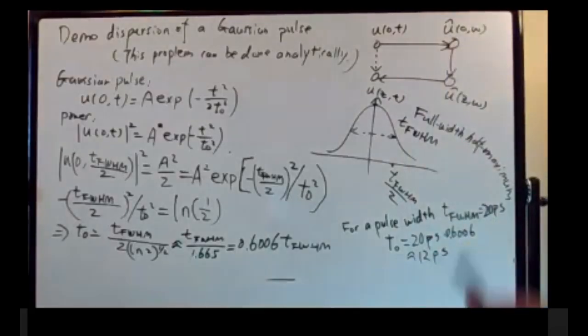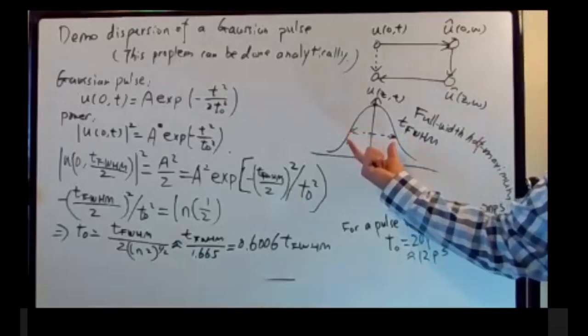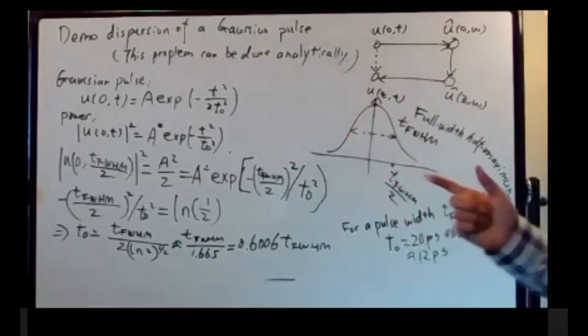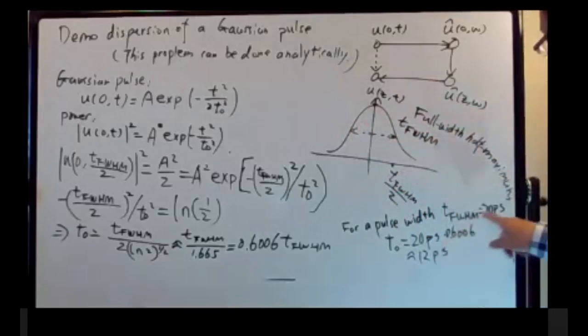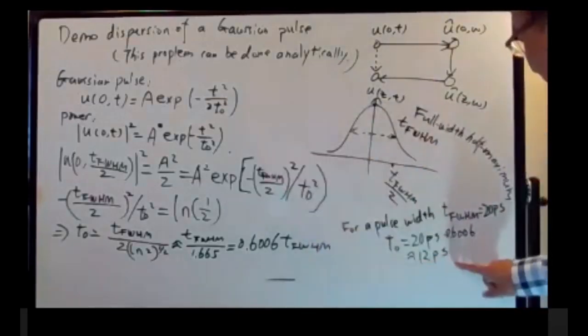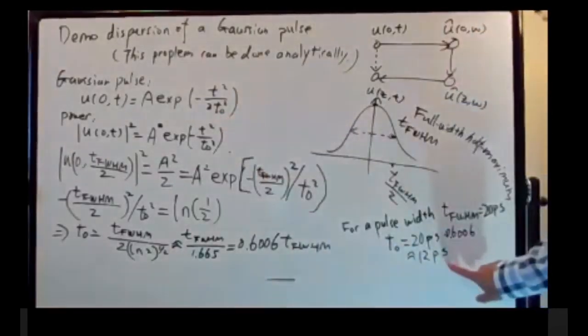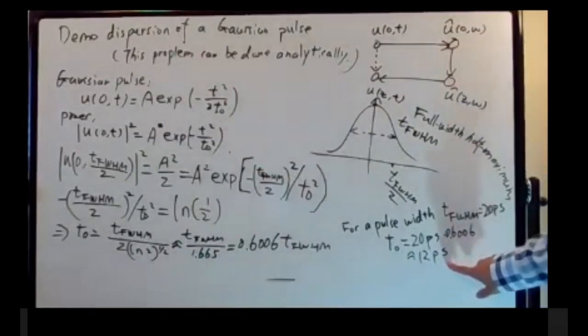12 picoseconds. So when we know experimentally that the full width half maximum in power is 20 picoseconds, then we can directly state that T naught is approximately 12 picoseconds.